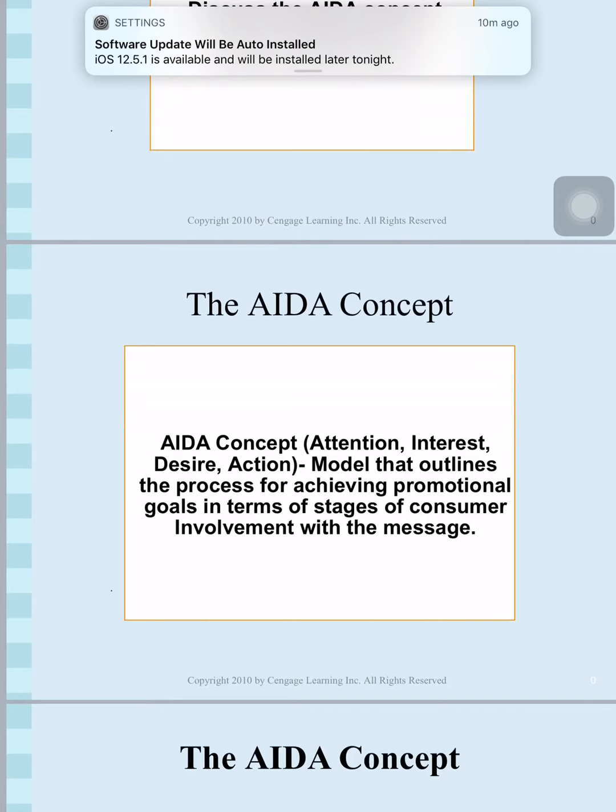The promotion has to get the customer's attention and create awareness. Then interest: simple awareness of the brand seldom leads to sales, so you want to create interest in the product in the buyer.